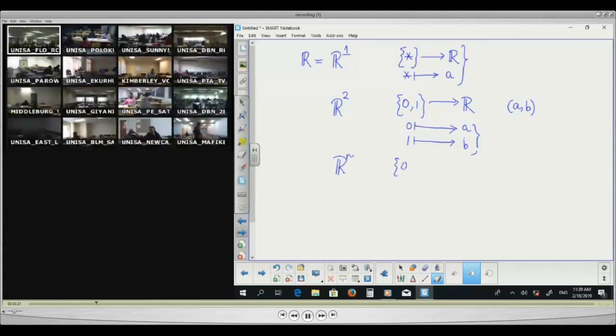You look into the set which has exactly n elements, and if you give me this n tuple, well, what is this function? It is taking i to xi.